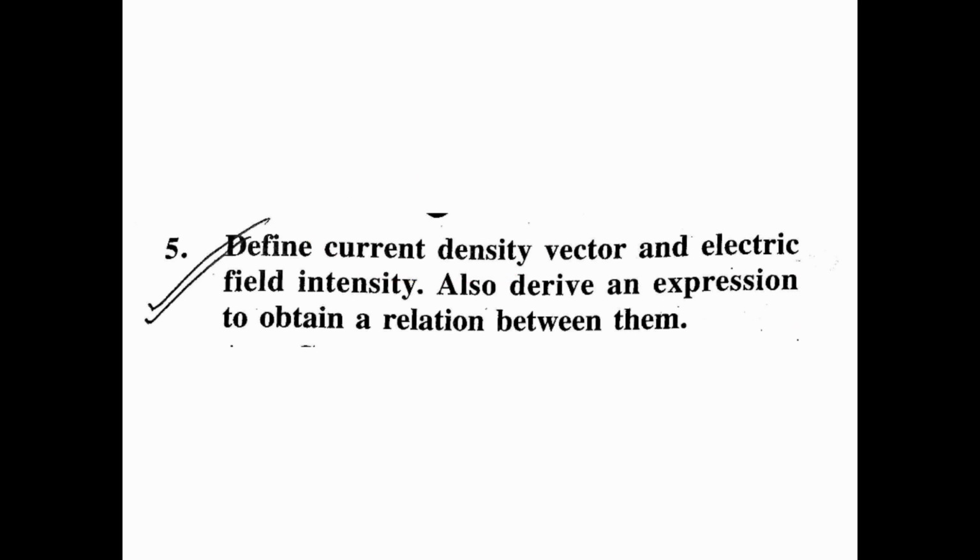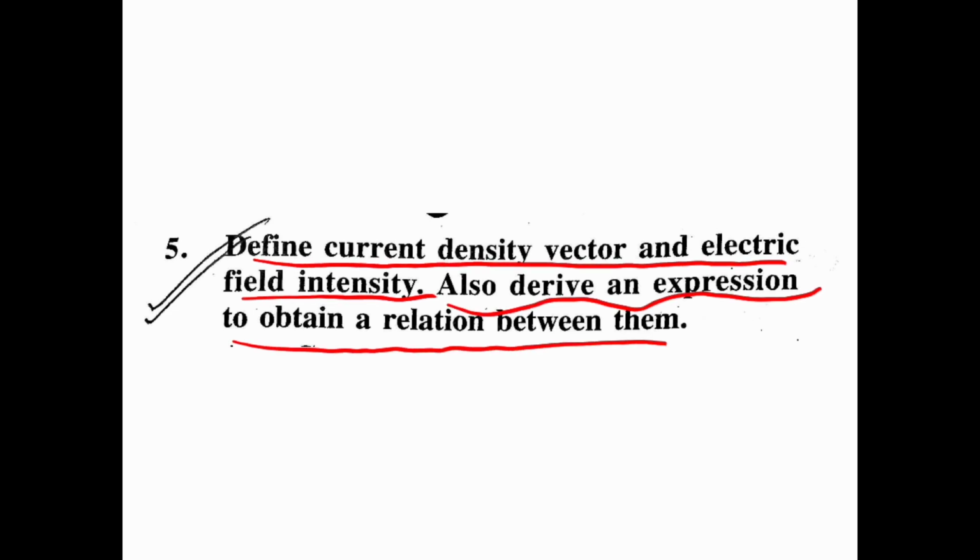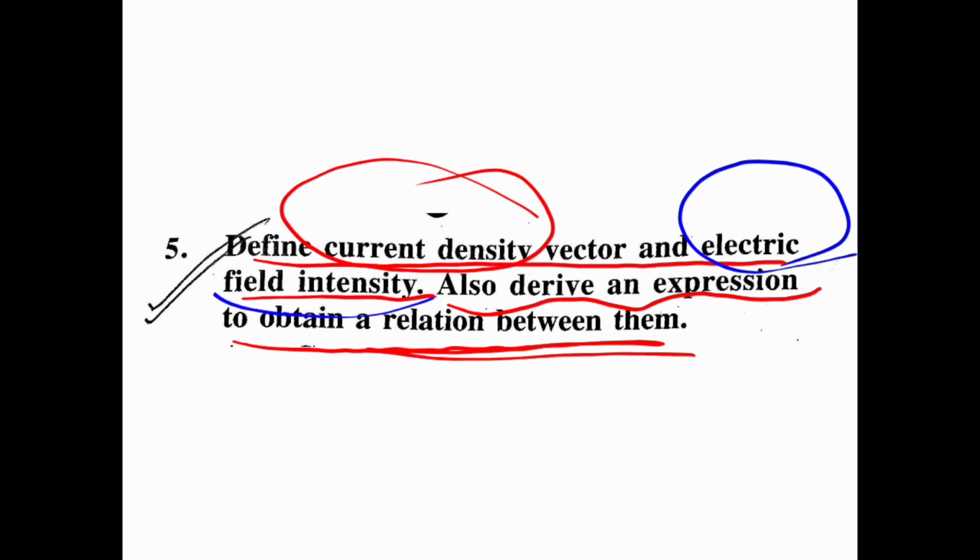Define current density. Define current density vector and electric field intensity. Also derive an expression to obtain a relation between them. So first we have to define the current density, then electric field intensity.